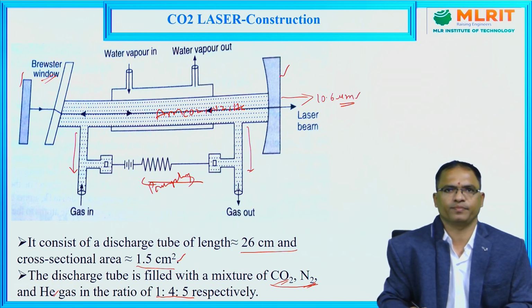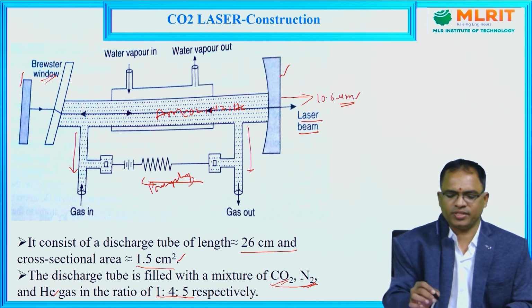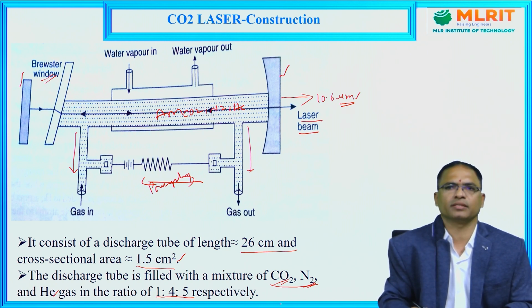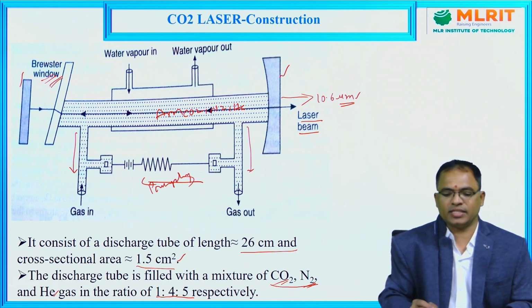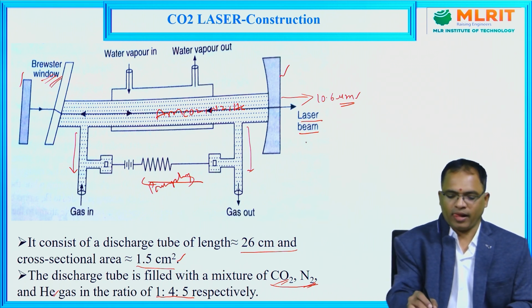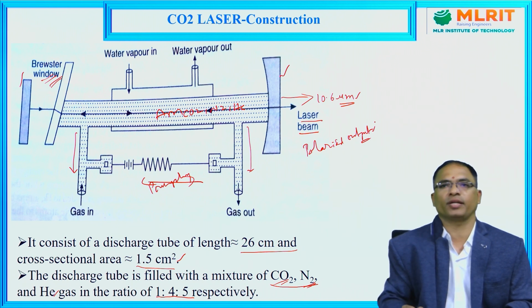Generally, the laser beam coming out of a laser device possesses laser properties like monochromaticity, coherence, intensity and so on. Along with that, in this case, due to the Brewster's windows arrangement, the laser output is going to be polarized.